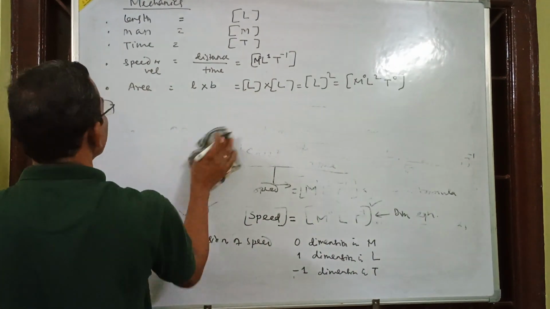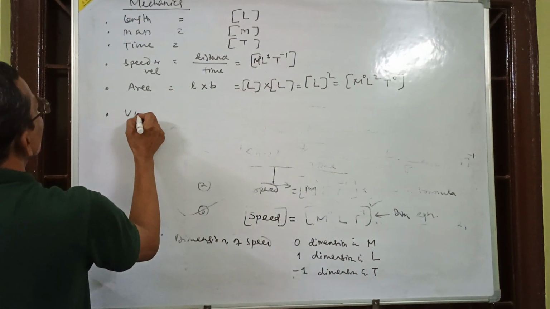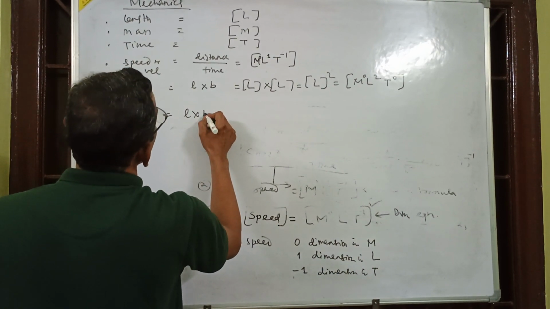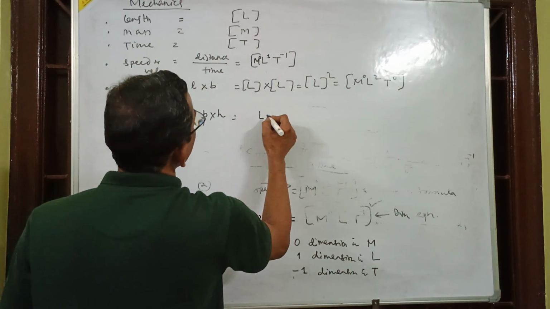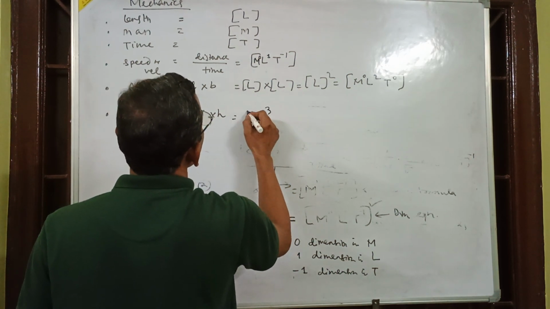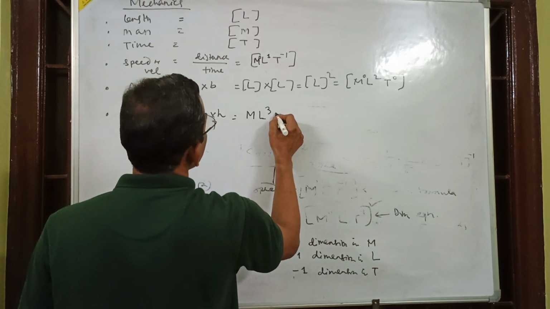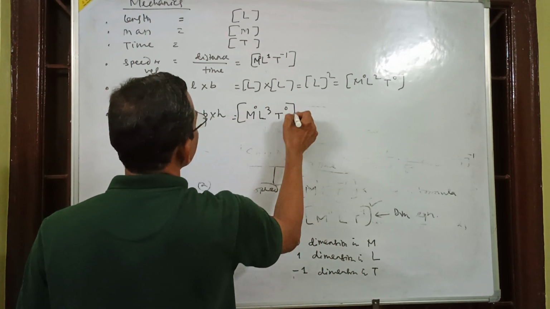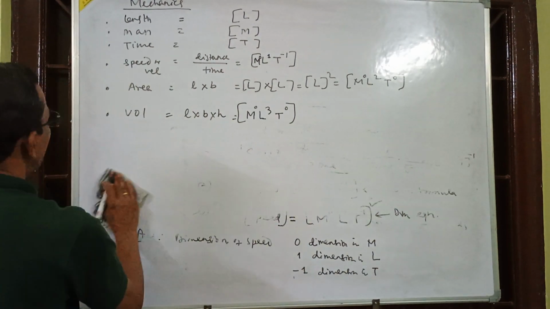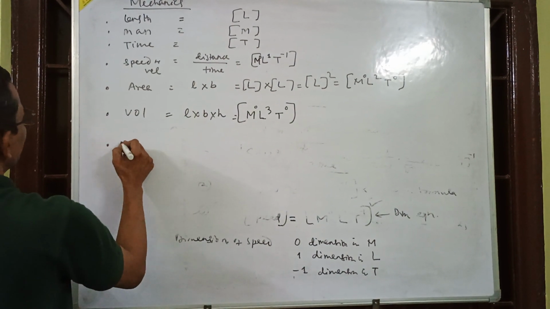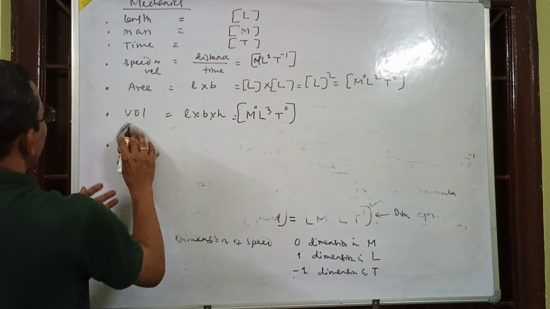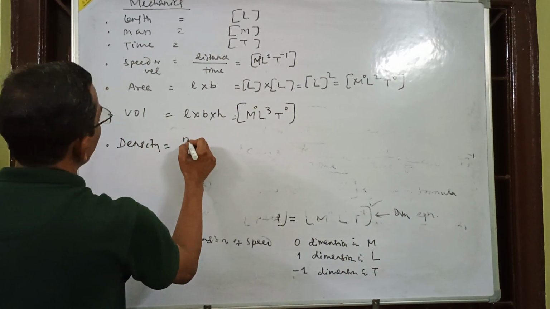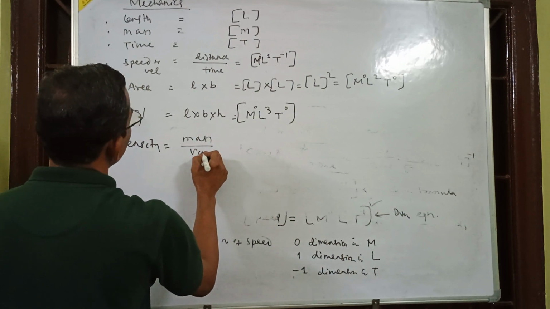Likewise, we have volume. The dimension is length, breadth, and height. This is length to the power 3, or M0 L3 T0. Then density, mass upon volume.